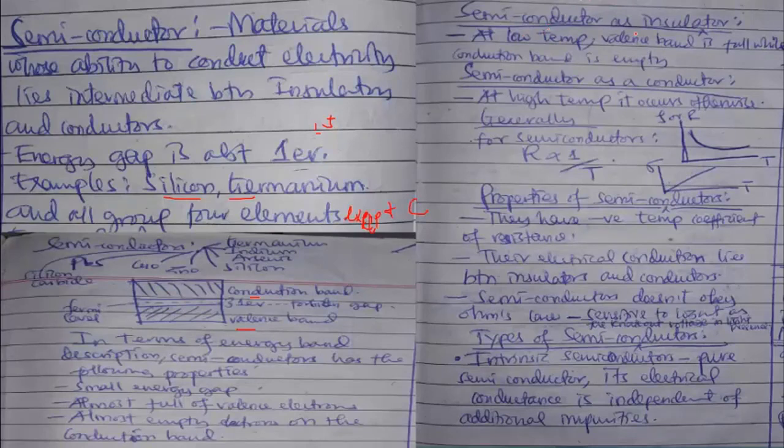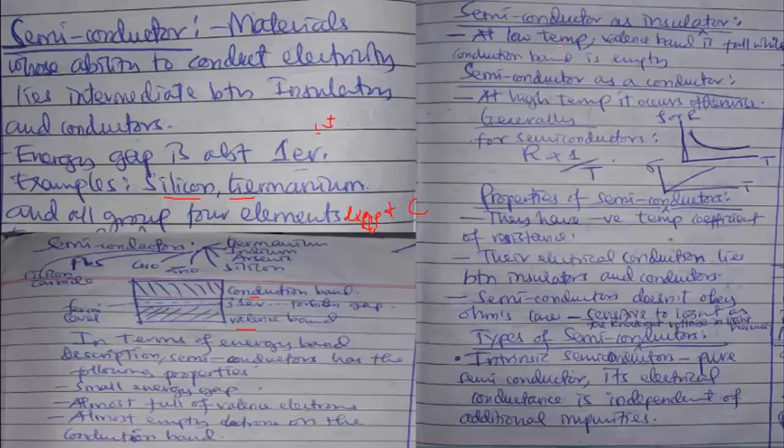For the first case, the semiconductor is an insulator. At low temperature, the valence band is full while the conduction band is empty. It's because the energy has been lowered by the lower temperature, so the energy required to excite the electrons becomes significantly high.